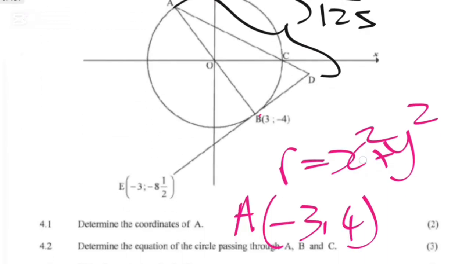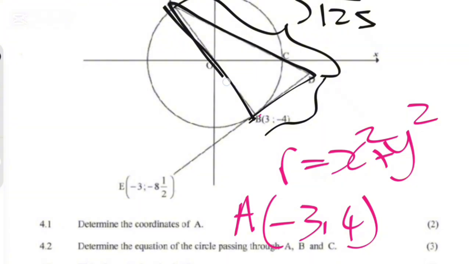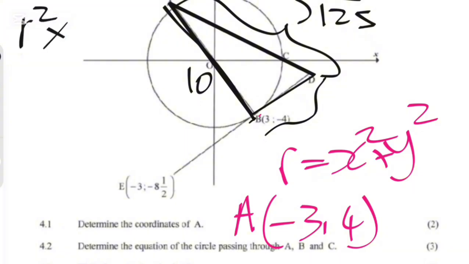You are looking for BD. Where is BD? It's this one. So you know the length of this one, it's going to be 10, right? And this is a triangle. You see, this is 10, this is root 125. So r squared equals x squared plus y squared.